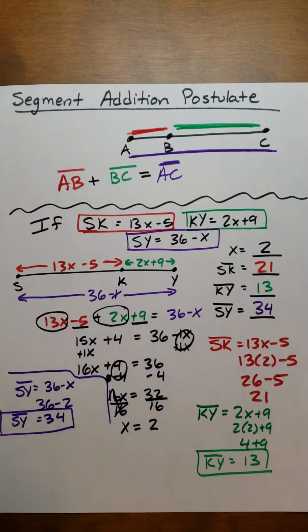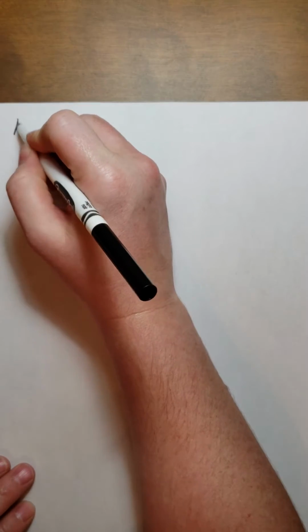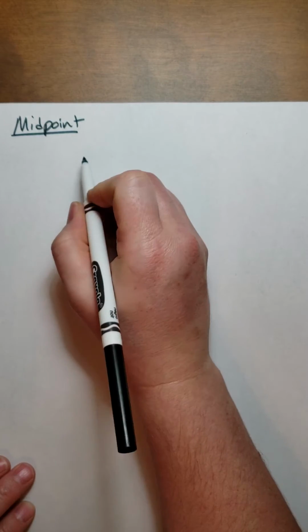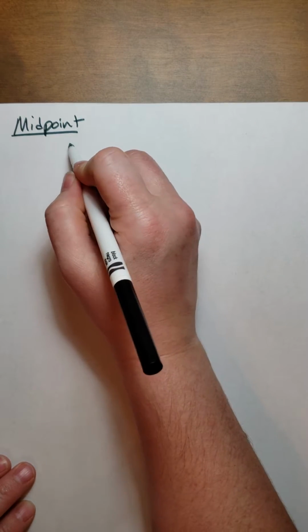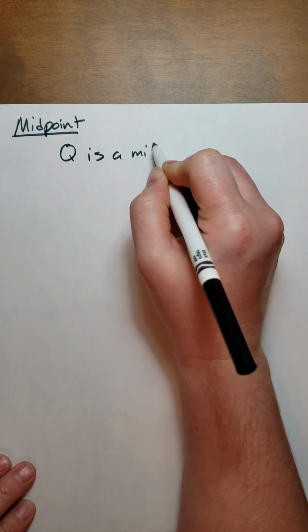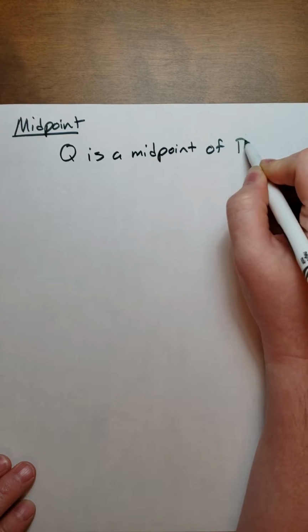Now our next problem is if we're given a midpoint between two segments. So let's say you were given the information, so this is involving a midpoint, that Q is a midpoint of segment PR.